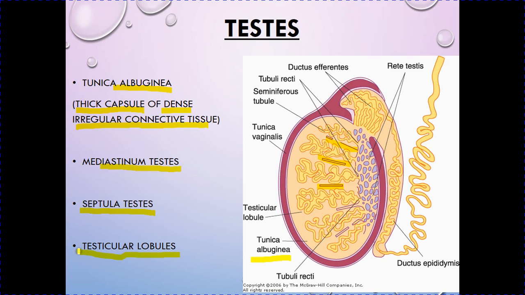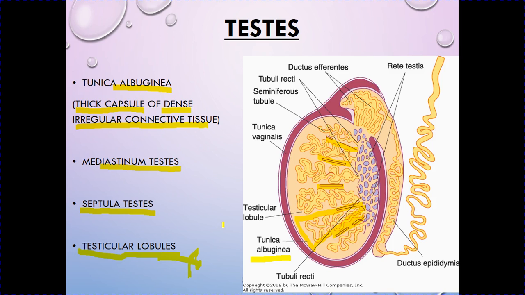So the septula testis radiate from the mediastinum testis up to the capsule and divide the interior of the organ into approximately 250 pyramidal intercommunicating compartments which are called testicular lobules. So this is a pyramidal shaped testicular lobule which is created by the septula testis. These are the septula testis.